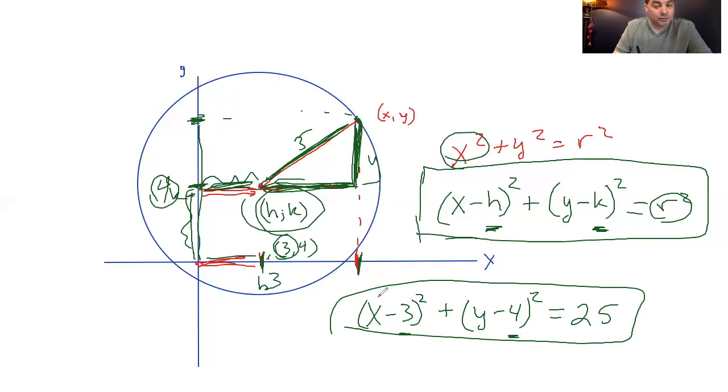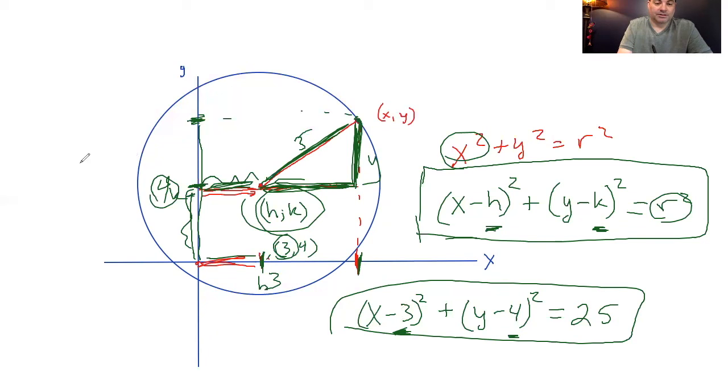The same is true no matter where the circle is. Even if we move the circle to a different quadrant where either the x value or the y value of the center is negative, it's still x minus h. So if h is negative, then whenever you put that negative number in here, the negative and the minus sign will cancel out and it'll be plus.